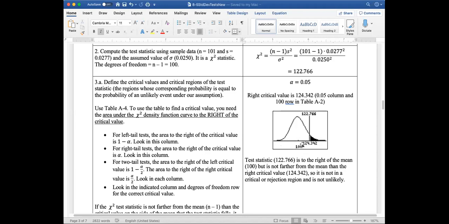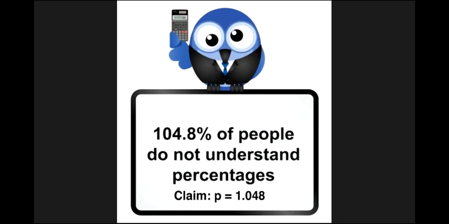Once we have that, well, let's see what it should be. Our table requires that we know what the right tail area is, and it is all of alpha in this case for a right tail test, so it is 0.05. We'll be looking in the 0.05 column of that table, and the 100 degrees of freedom row, so let's see what we get in that location.